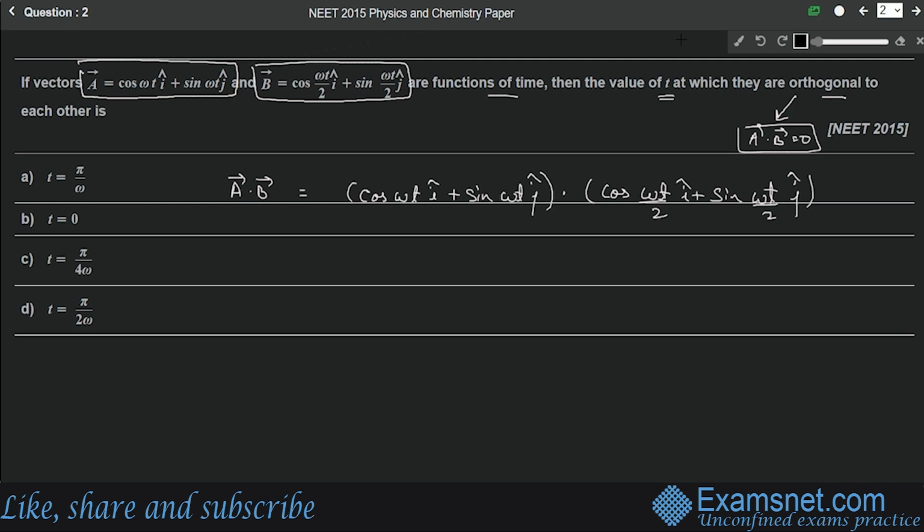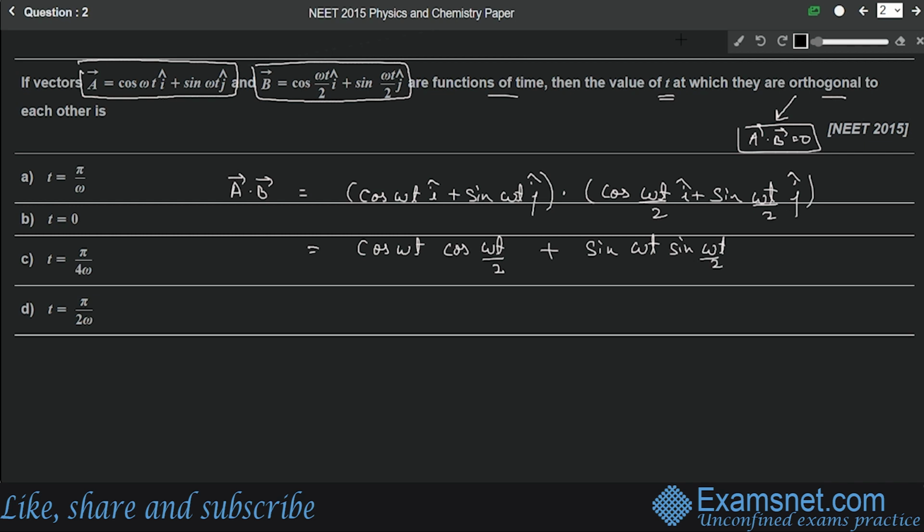Now if we solve it, we get cos omega t cos omega t by 2 plus sin omega t sin omega t by 2. You know how to find the dot product?